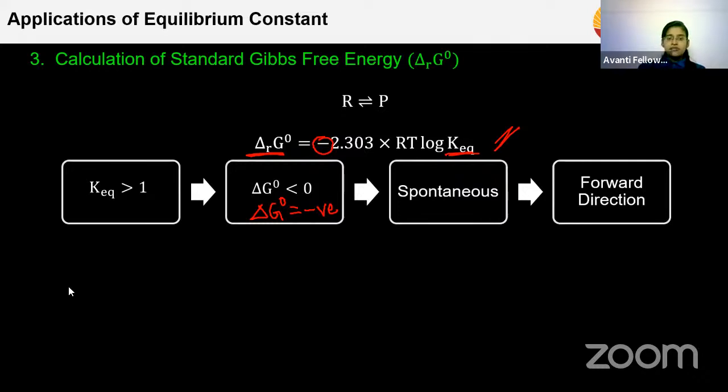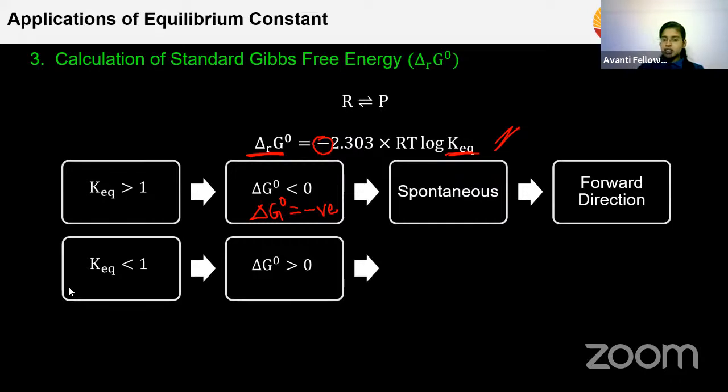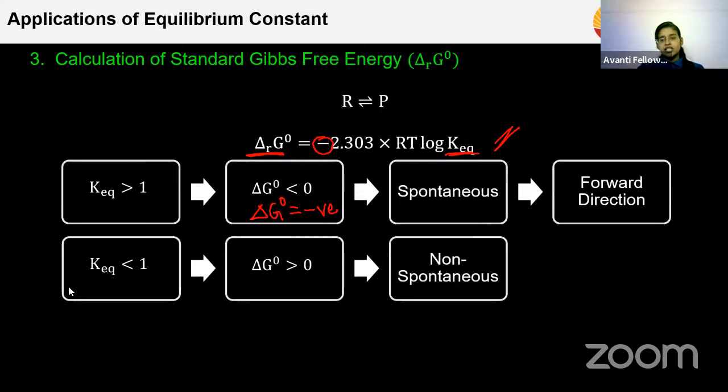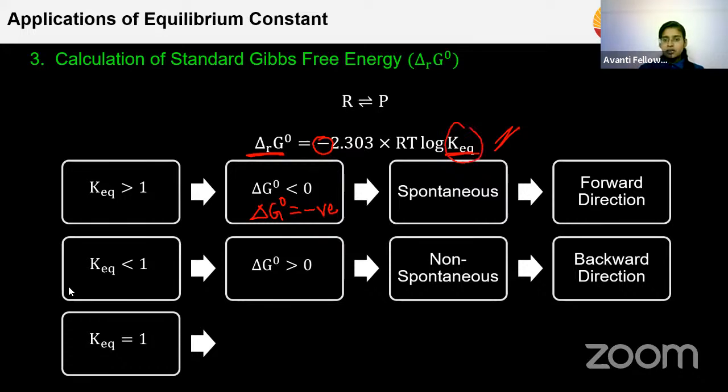And if the KEQ value is less than 1, obviously minus into minus will become plus and delta G will be positive. If delta G is positive, then the reaction is non-spontaneous, and it will go towards the backward direction. And if KEQ is equal to 1, delta G will be equal to 0, because here we substitute 1, and log 1 is equal to 0.